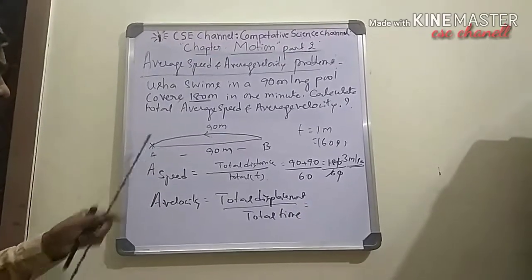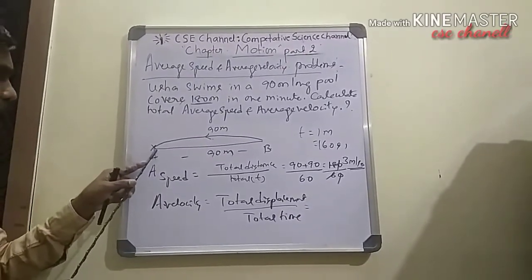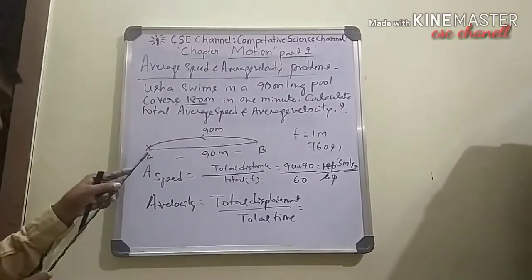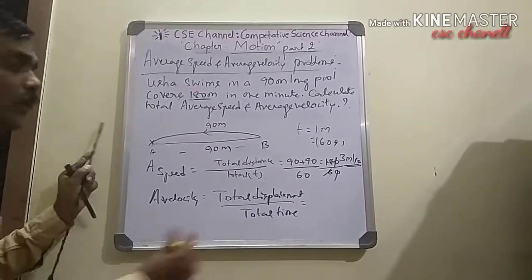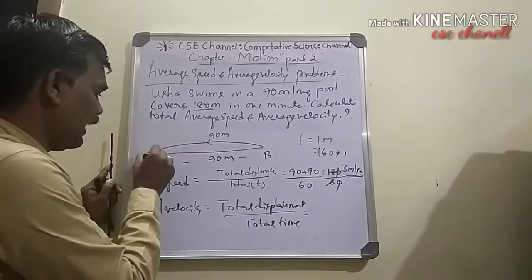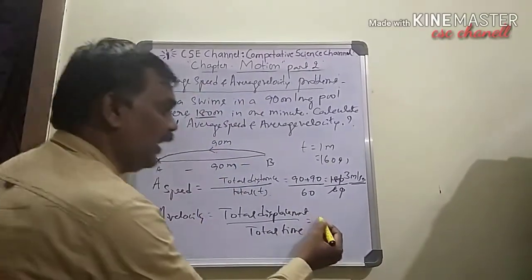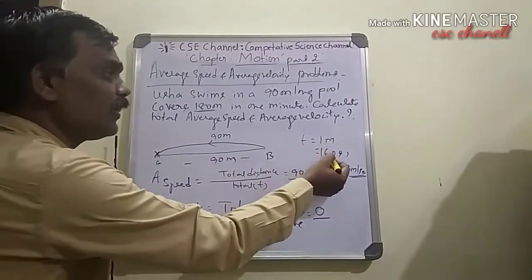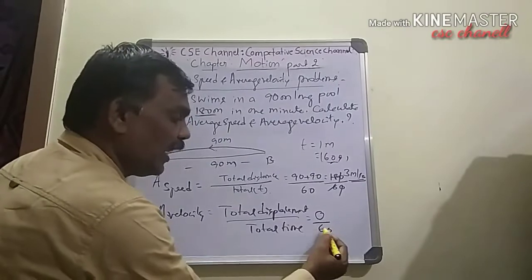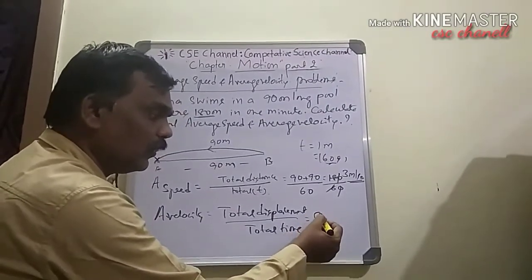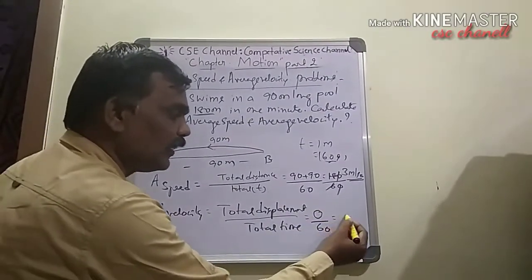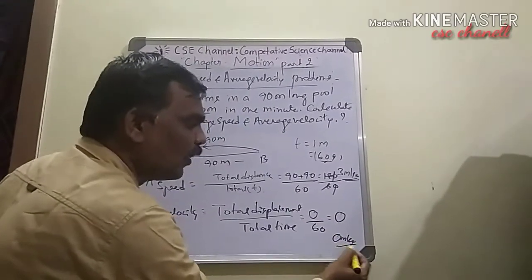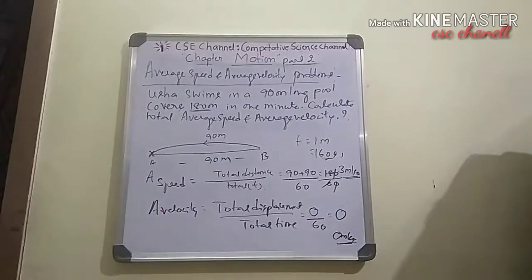Now, total displacement means the initial position is A, she moves 180 meter, and the final position is A. So total displacement is 0, divided by total time taken 60. 0 divided by any number is 0 only. Hence the velocity is 0 meter per second.